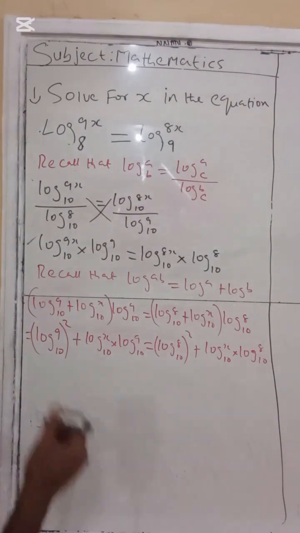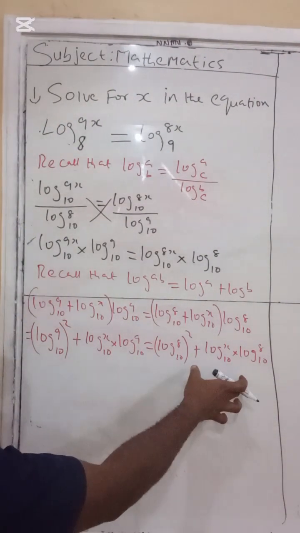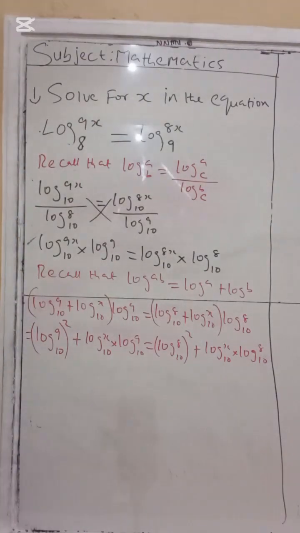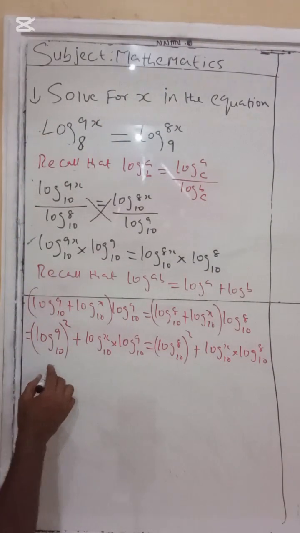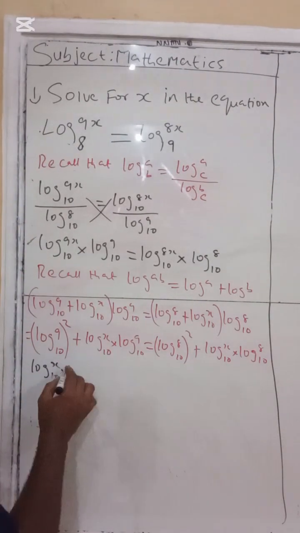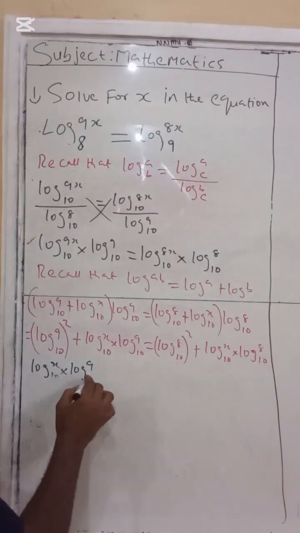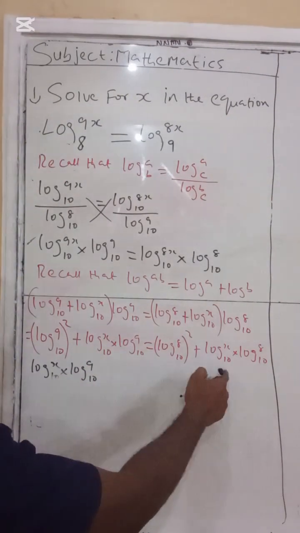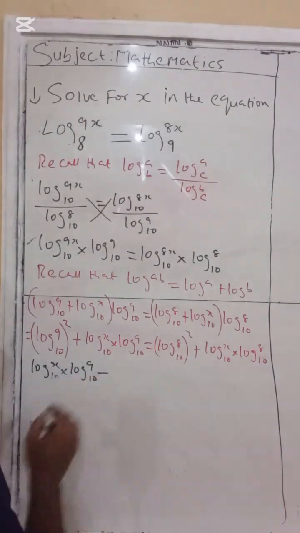This will move to this side, and this will also move to this side. So here we have log x base 10 multiplied by log 9 base 10. If this crosses to the other side, it becomes minus.